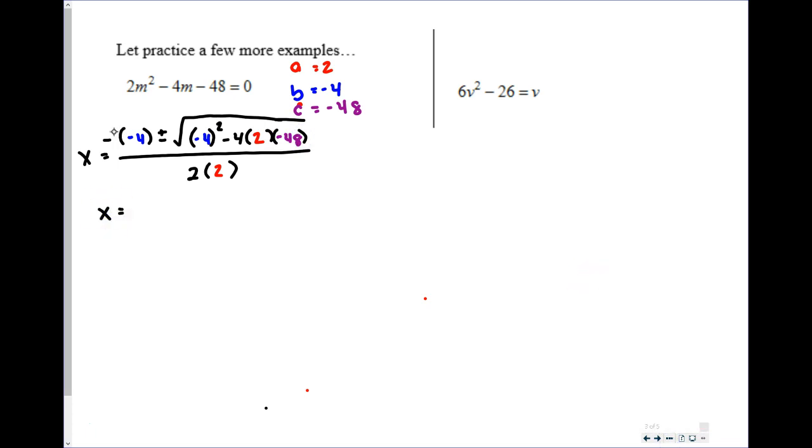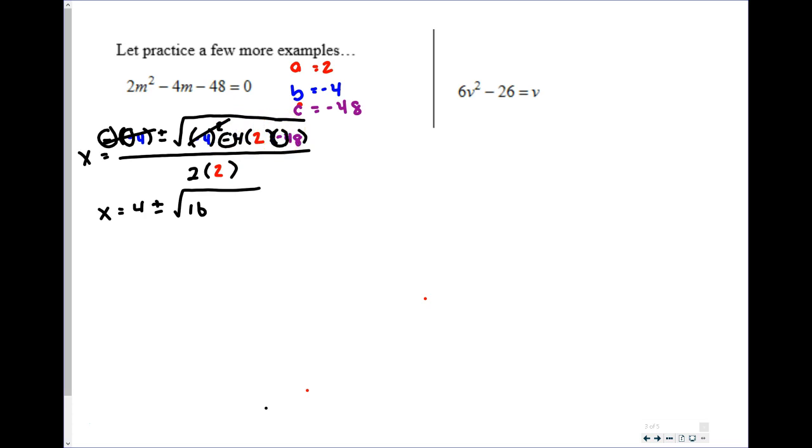x equals, be careful here, I've got a negative and a negative, which gives me a positive 4, plus or minus the square root of negative 4 squared, which is 16. Negative 4 times 2 times negative 48. Watch your negatives. A negative times a negative is a positive.